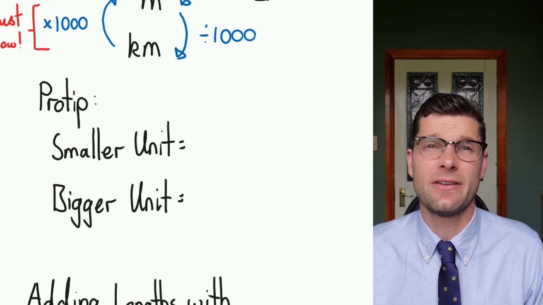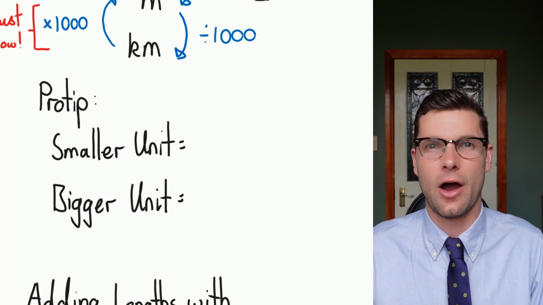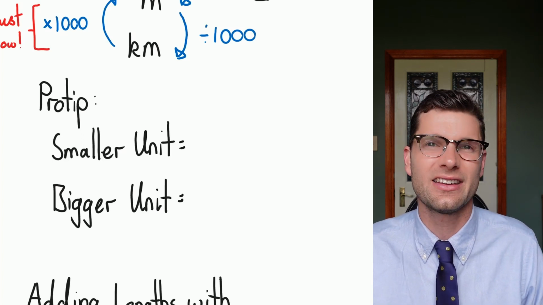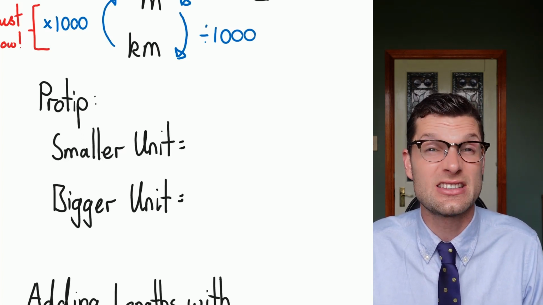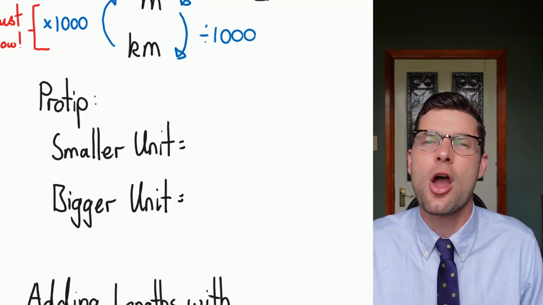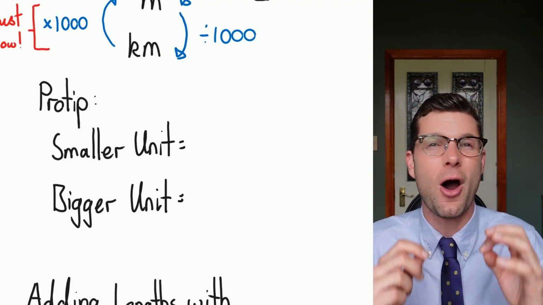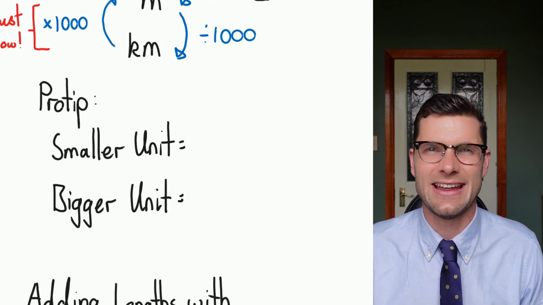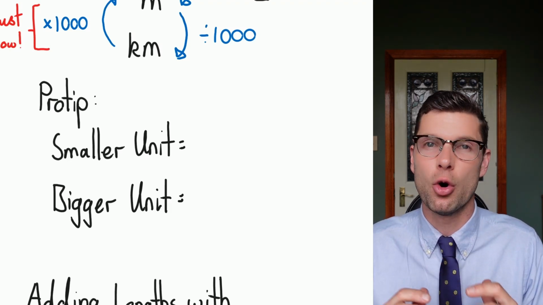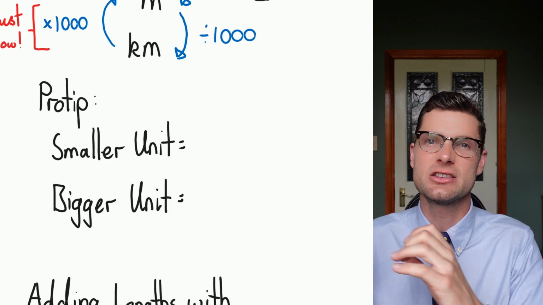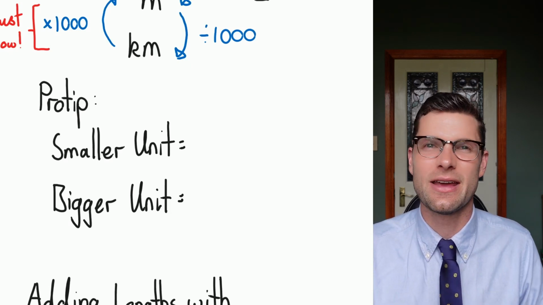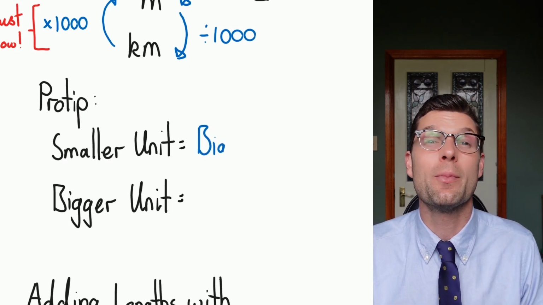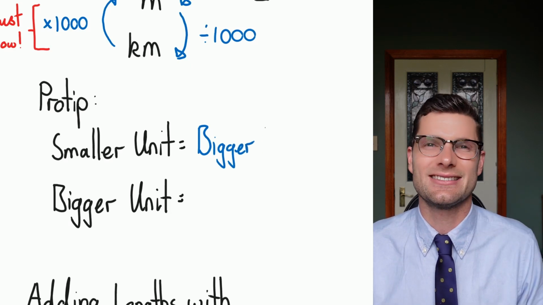So a big pro tip for these ones, because we are just timesing or dividing by 10 or 100 or 1,000, it can be easy to make a mistake when we do our calculations. What I like to think about is in my mind, I have an idea of how far the distance is before I come to my answer. So if I'm moving to a smaller unit, so if I'm going from kilometers to meters or meters to centimeters, the smaller unit will mean that I've got a bigger number as an answer.